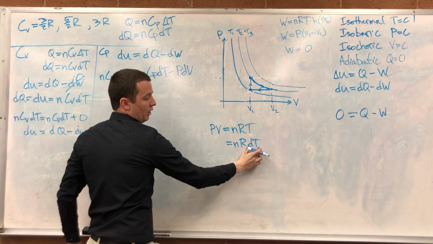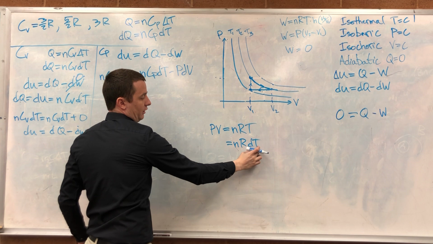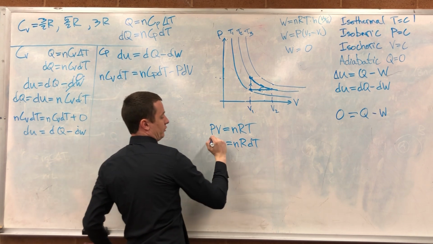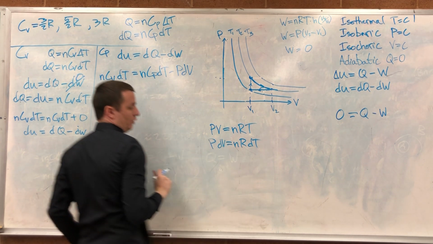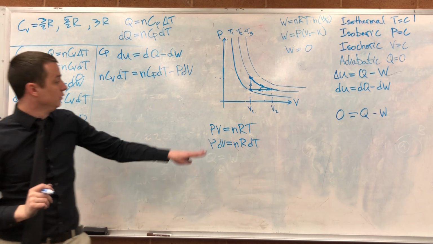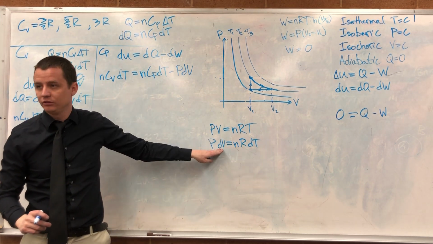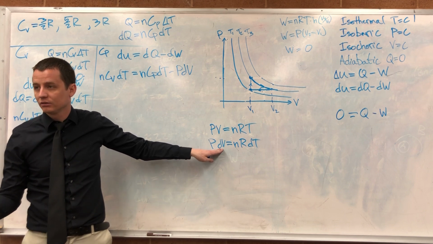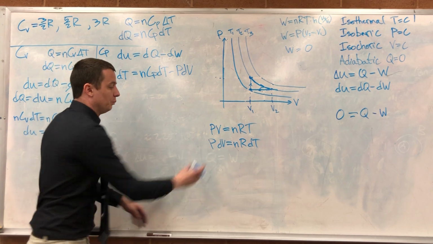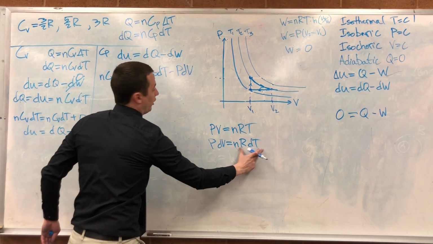If pressure is constant, then the only thing I can change is our volume. So in constant pressure world, a small change in temperature results in a small change in volume for an ideal gas. You're with me? So P dV is equal to nR dT.